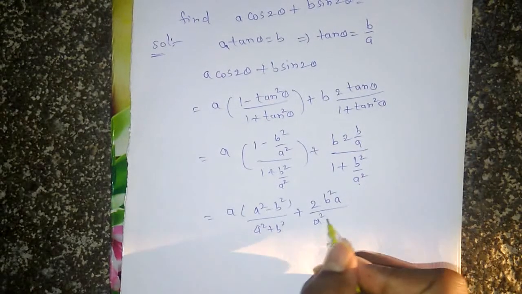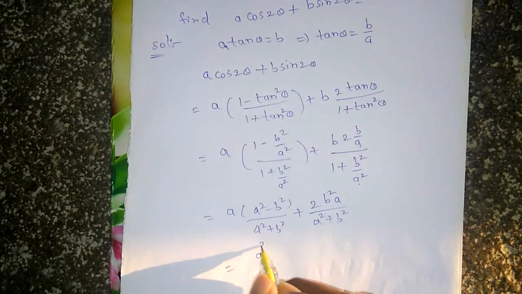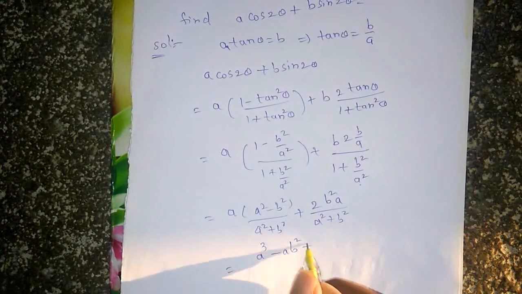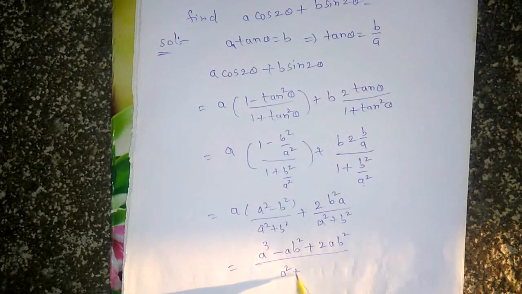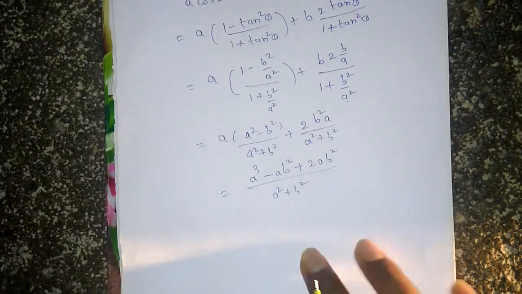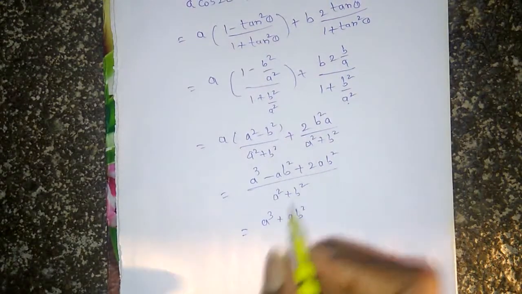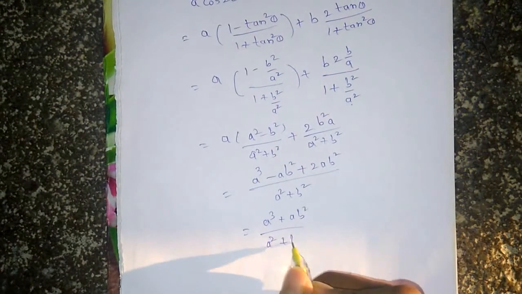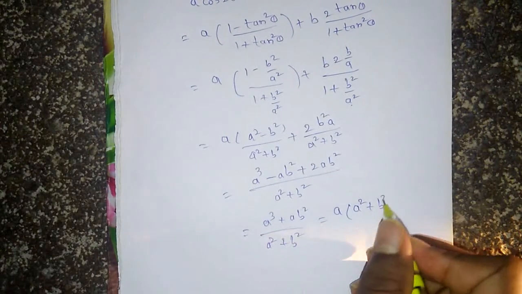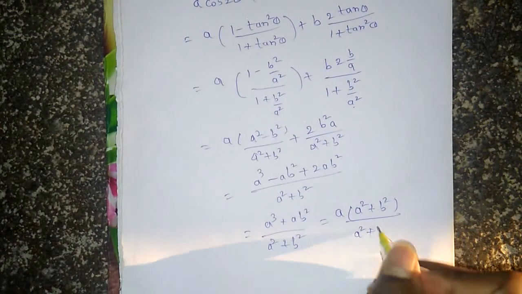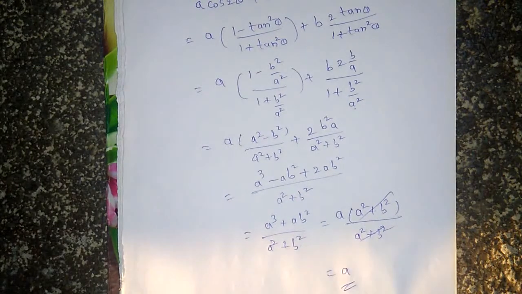This is a square plus b square. Now this is a cube minus ab square plus 2ab square by LCM a square plus b square. This is a cube plus ab square, one ab square gets cancelled, over a square plus b square. Here you can take a common, a into a square plus b square by a square plus b square. This term gets cancelled, so the final value is equal to a.